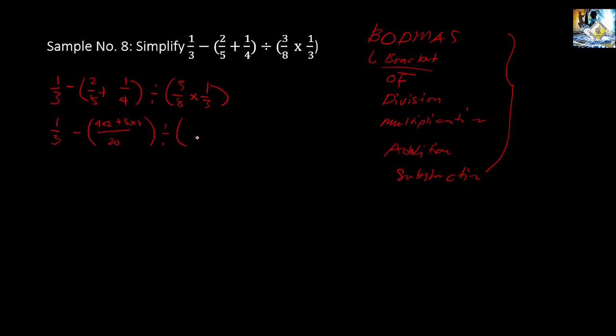Divide here, the LCM is 3, that is 24. 3 times 3, and your 20 times 1. Okay.